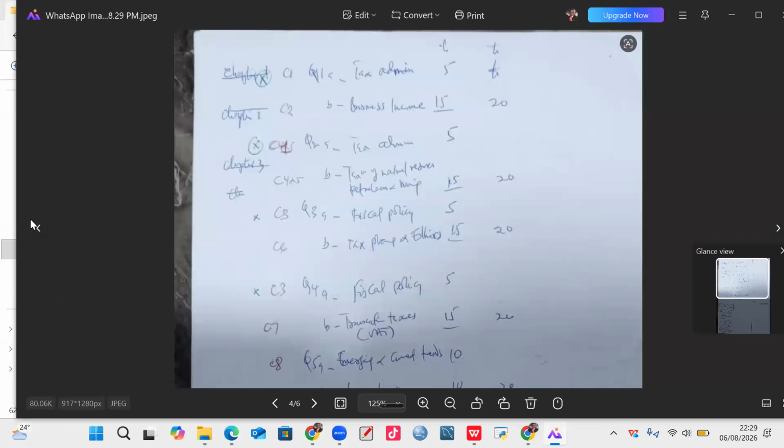Tax administration. Always, tax administration takes 5%. Then business income. So question one, the 5% is tax administration. Question 2B, let me do it this way so that we can get it.